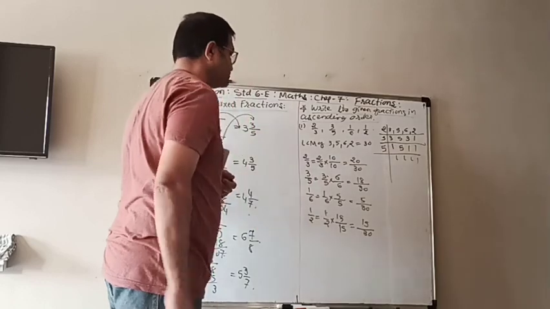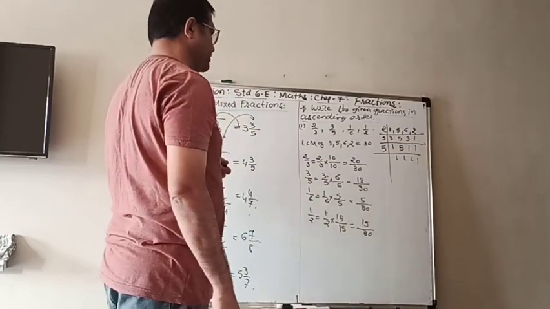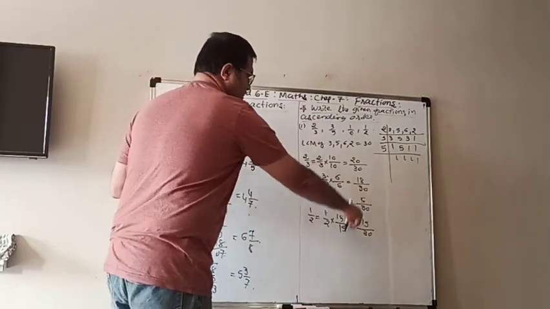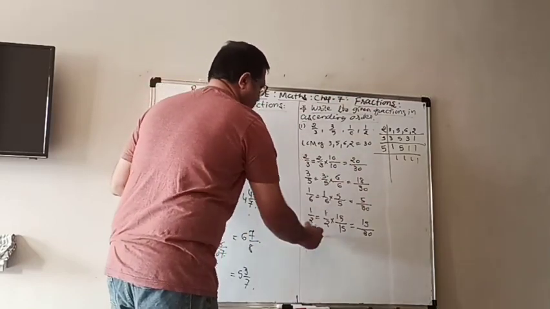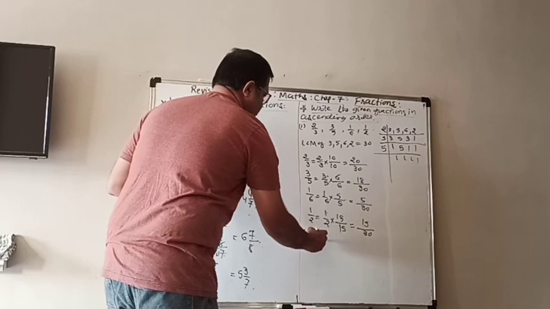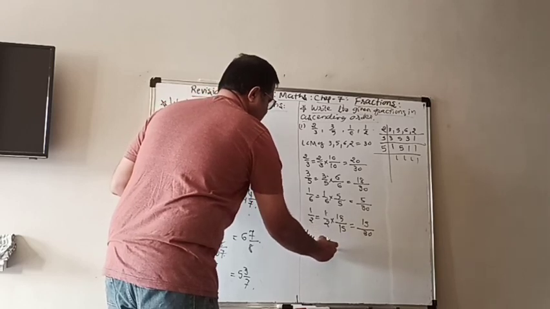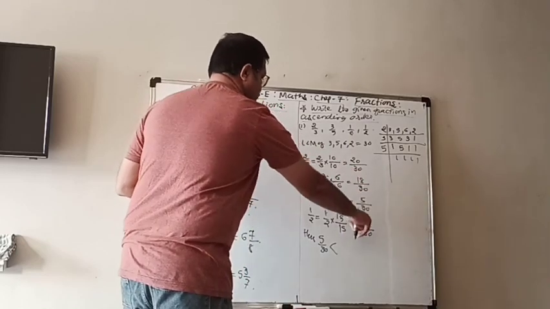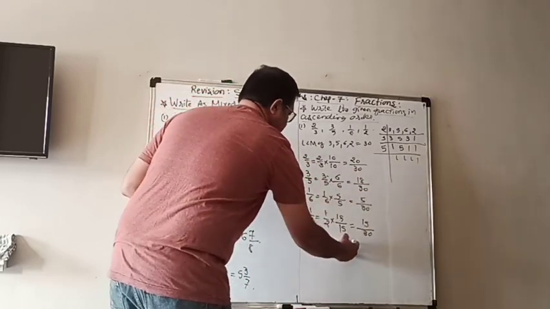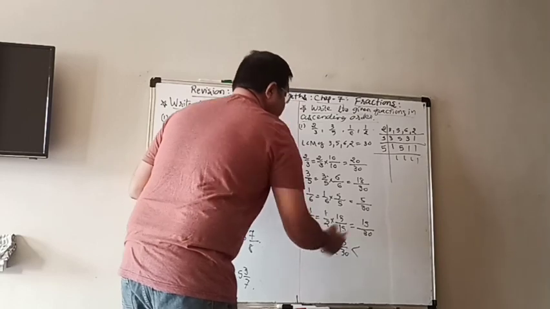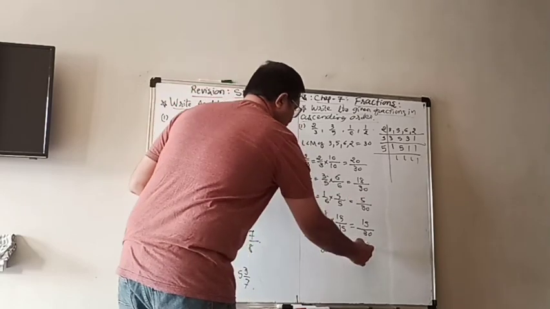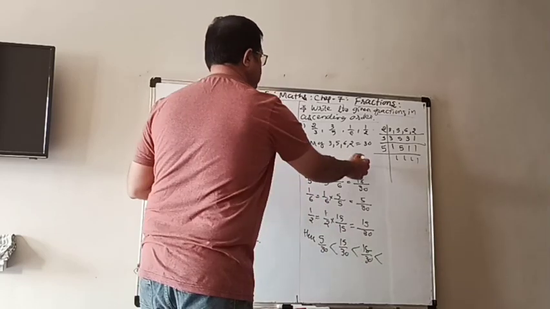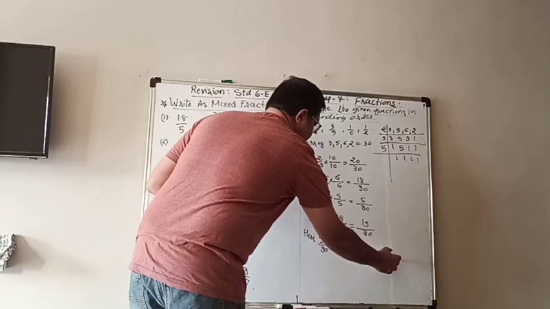Now you have to compare. Ascending order means smaller to greater. So now which is the smallest over here? 5 upon 30. So here 5 upon 30 is less than 15 upon 30, is less than 18 upon 30 and it is less than 20 upon 30.